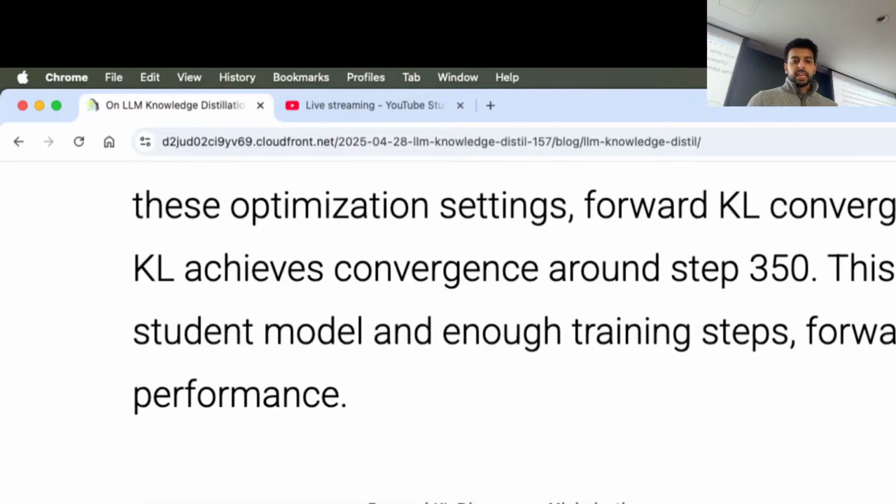The general idea is that if you're doing the forward KL divergence, which is log PSFT minus log P theta, you will get this kind of mode covering behavior where the model is going to try and distribute its probability to cover both of these peaks.